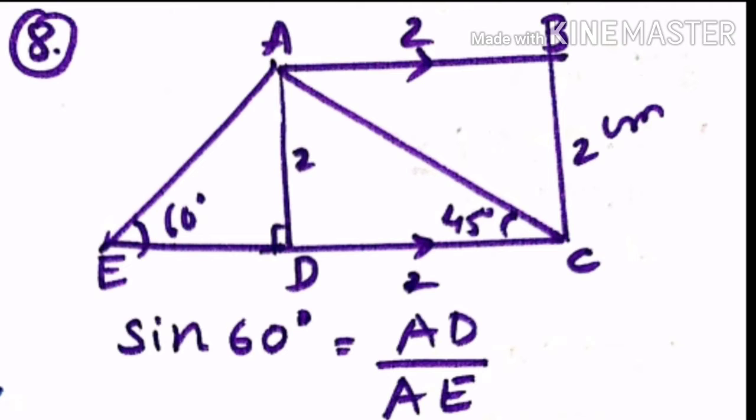So I take sine 60 degrees in triangle AED to get the value of AE. For that I use the ratio sine 60 is equal to opposite upon hypotenuse. Everybody, you have to remember SOH, so opposite upon hypotenuse. So sine 60 is equal to opposite, meaning AD, upon AE, that is the hypotenuse.